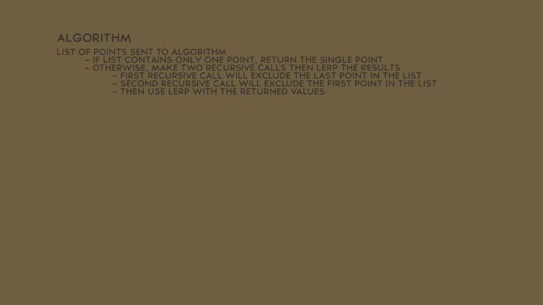And then we need to do another recursive call with the first one taken out. So we take the last element out of the list for the first recursive call, and we take the first element out of the list on the second recursive call. And then we repeat that process. We get 2 points as a result, and then we just return 1 minus t times the first result plus t times the second result.